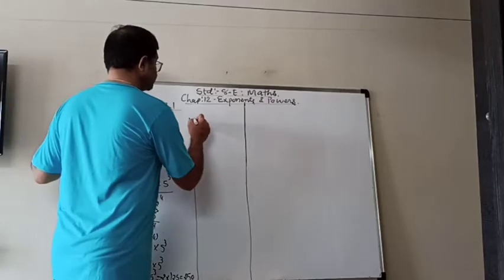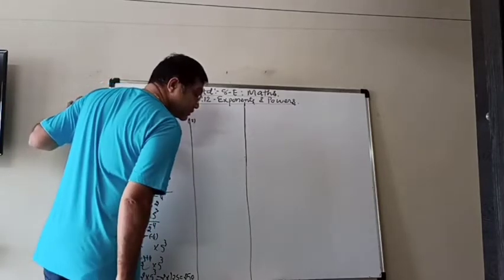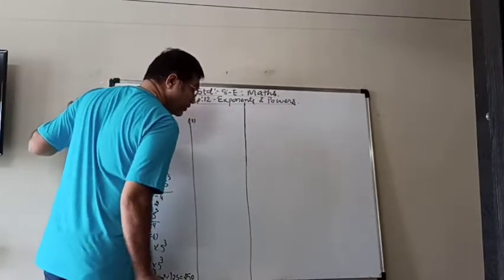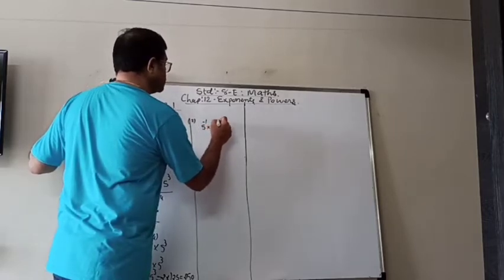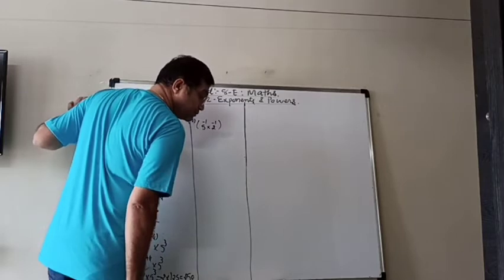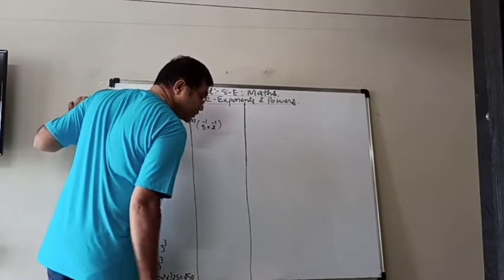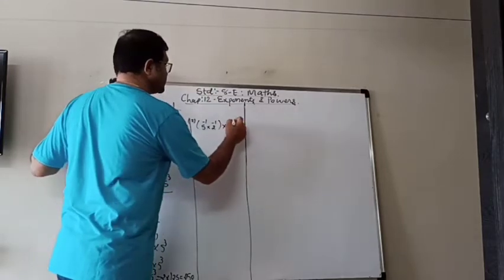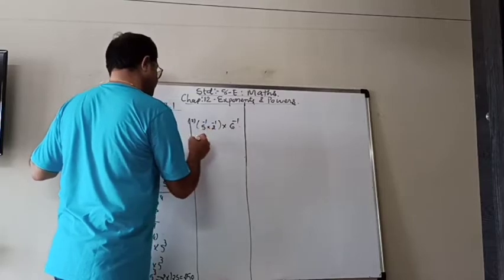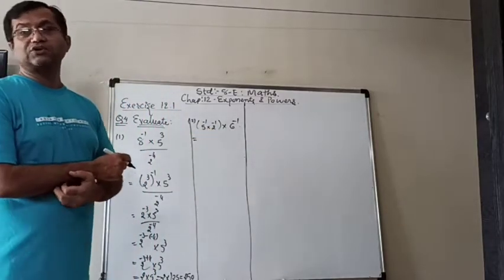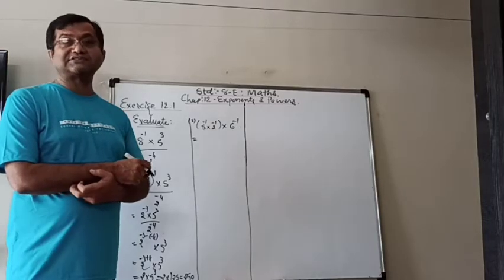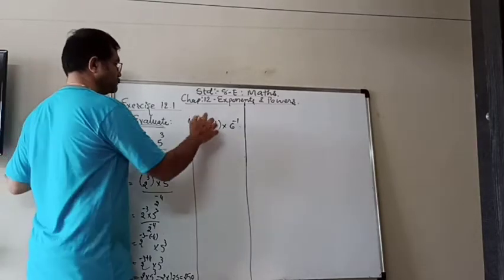Second one, 5 raised to minus 1 into 2 raised to minus 1 multiply by 6 raised to minus 1. Here bases are different, but you can see that the powers are equal, minus 1, minus 1.